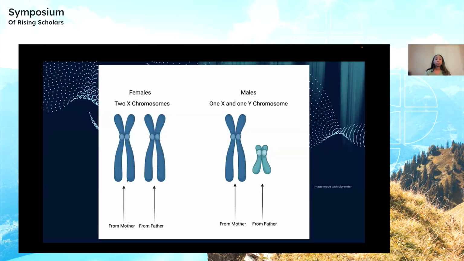So I talked a little bit about why Rett syndrome is predominantly found in females, and this is essentially because females have two X chromosomes, whereas males only have one. So even if there's a mutation on one X chromosome, females would likely still have another X chromosome with the proper gene sequence. But in males, if they have this mutation, then that's the only MECP2 sequence, MECP2 protein that they're getting created.